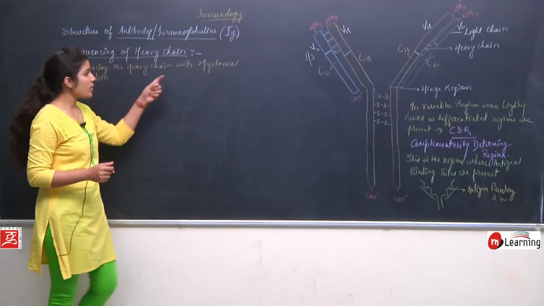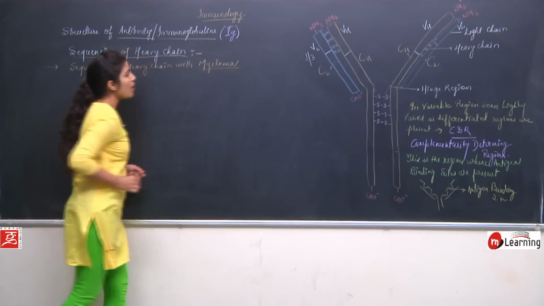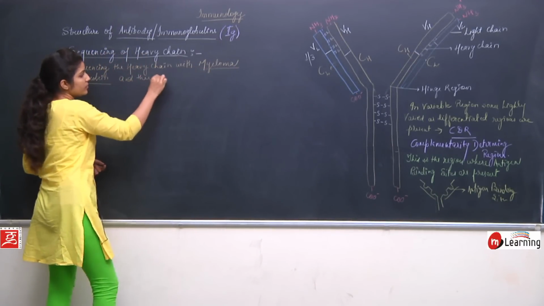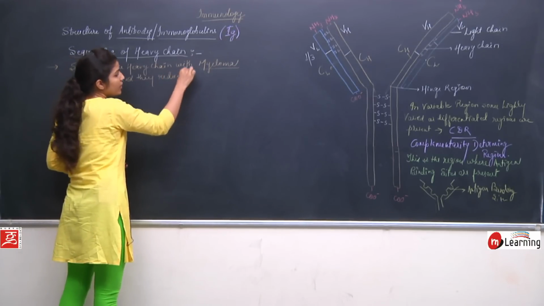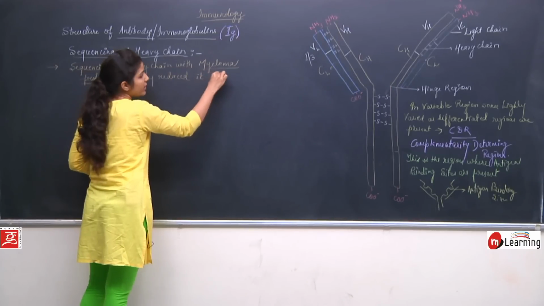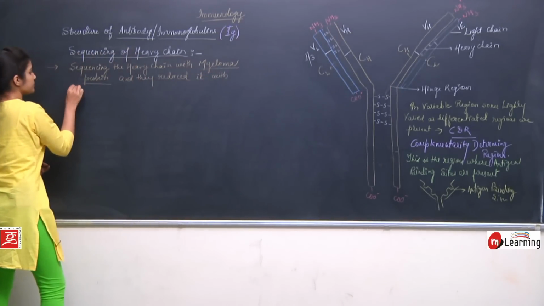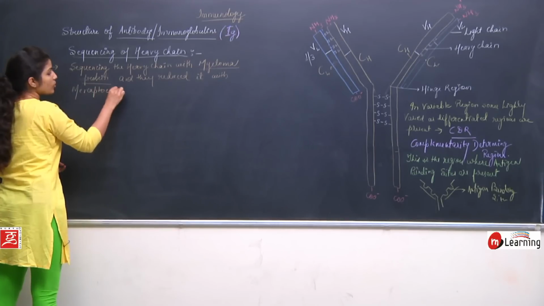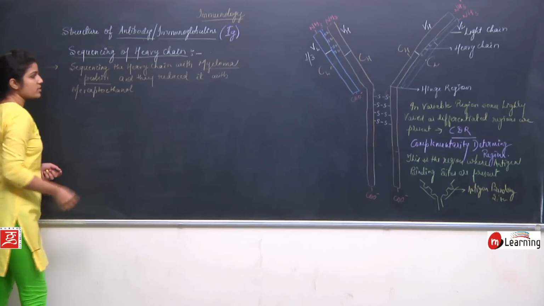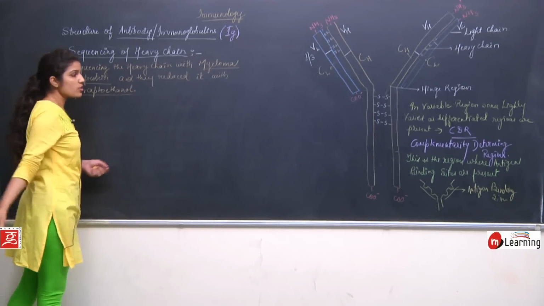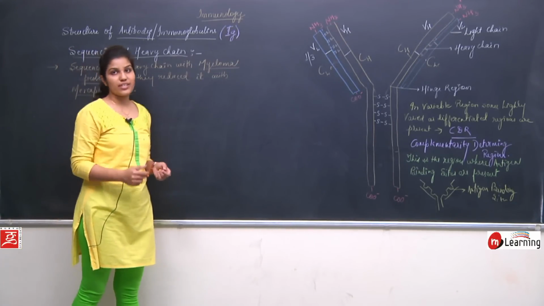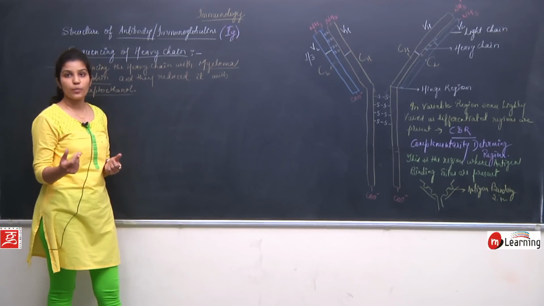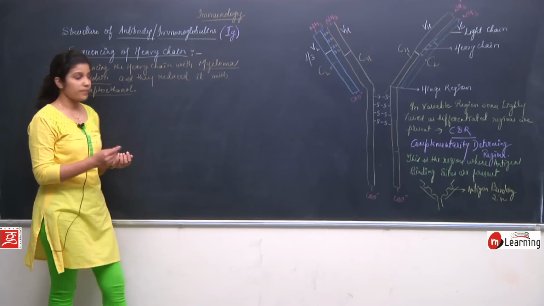They did that sequencing with myeloma protein and reduced it with mercaptoethanol, which is one type of reducing agent.